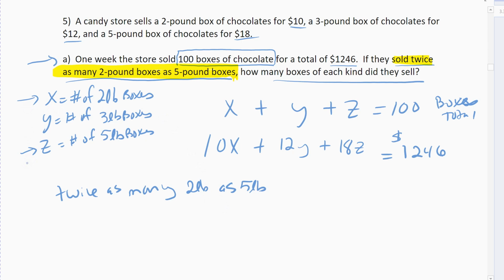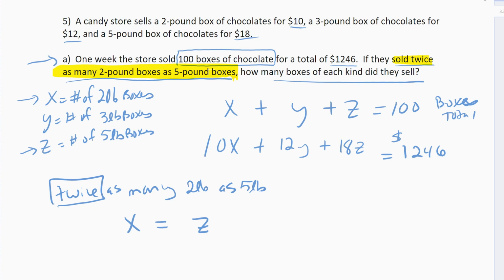There's no Y involved. So somehow I have to make my 2-pound, which are the X values, equal to the 5-pound, which were my Z values. One of them has to be multiplied by 2, right? One of them's twice as big as the other. And so to make them equal, I have to double one of them.